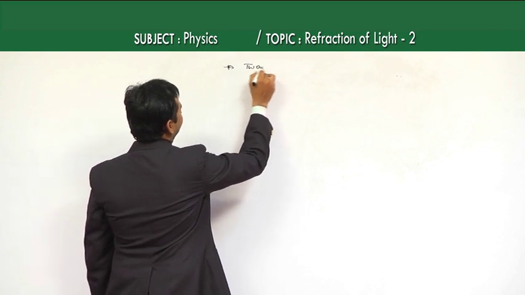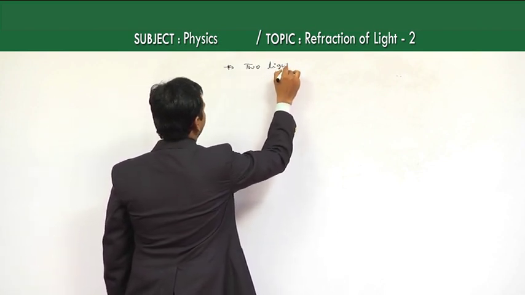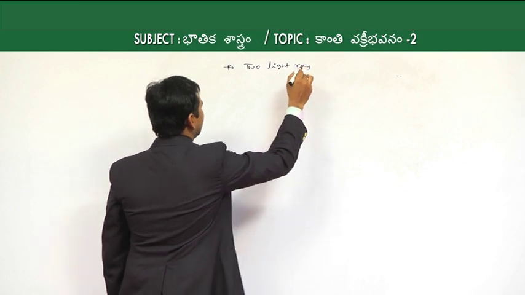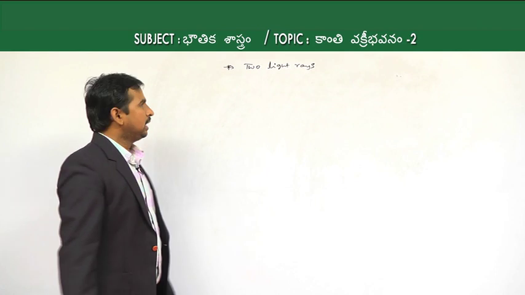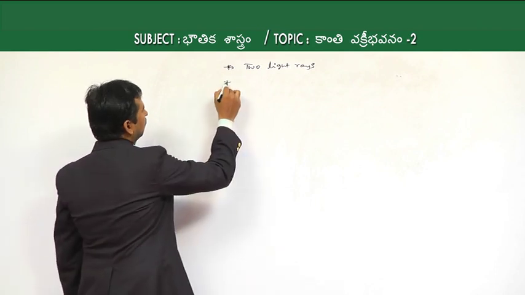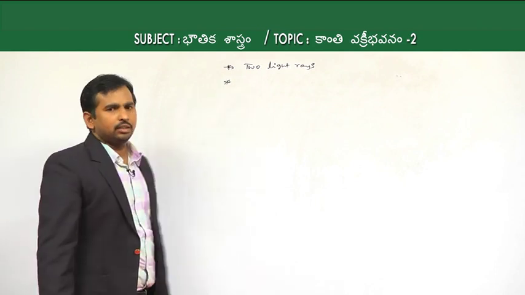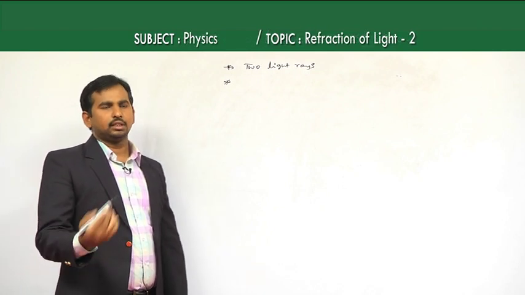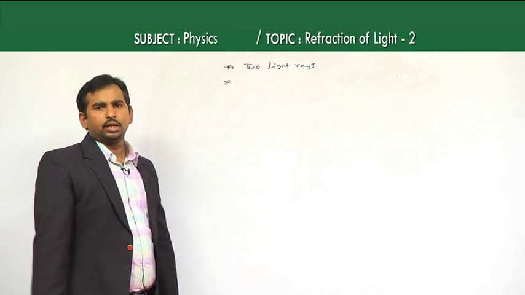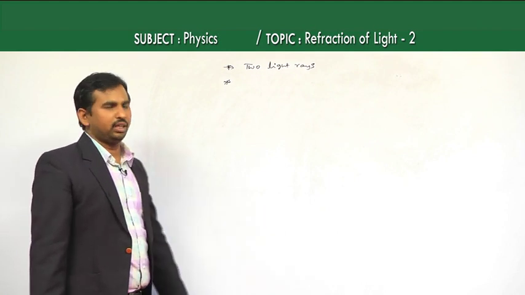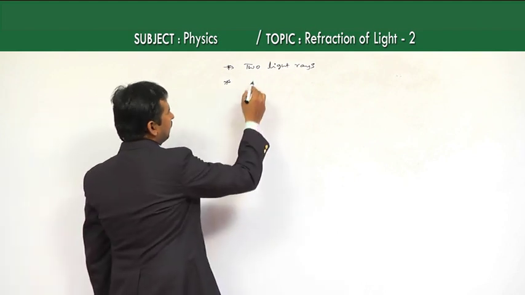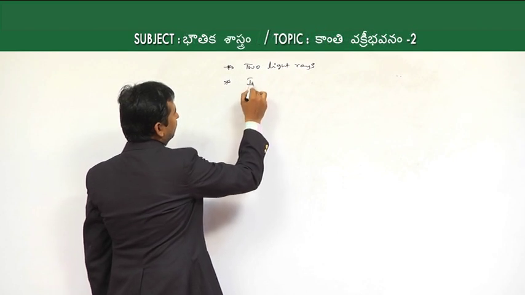While drawing the ray diagram, a minimum of 2 light rays passing through the lens. And second, where the light rays meet after passing through the lens, after the refraction, that point we call the image position.